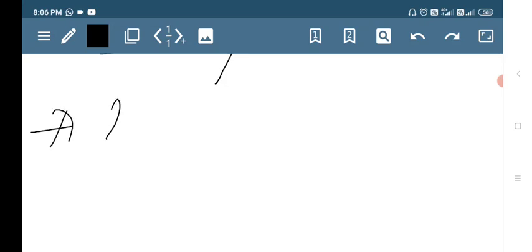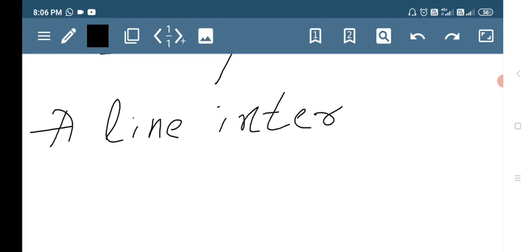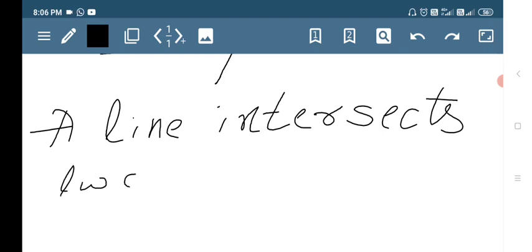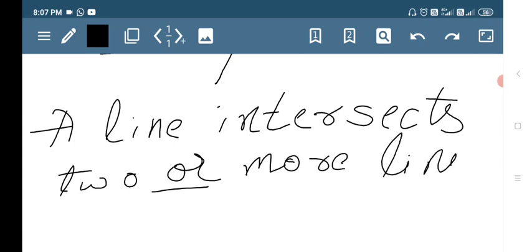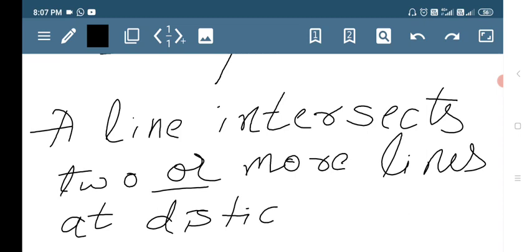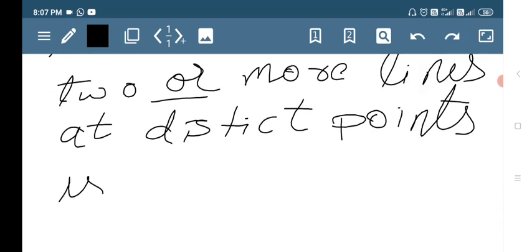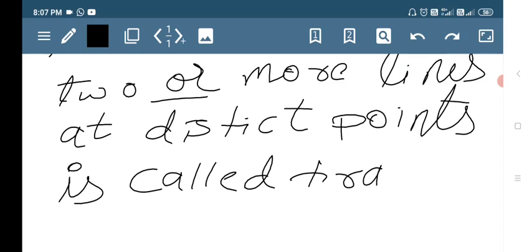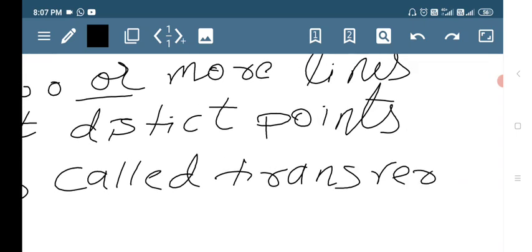So how will you define a transversal? A line that intersects two or more lines at distinct points is called a transversal.